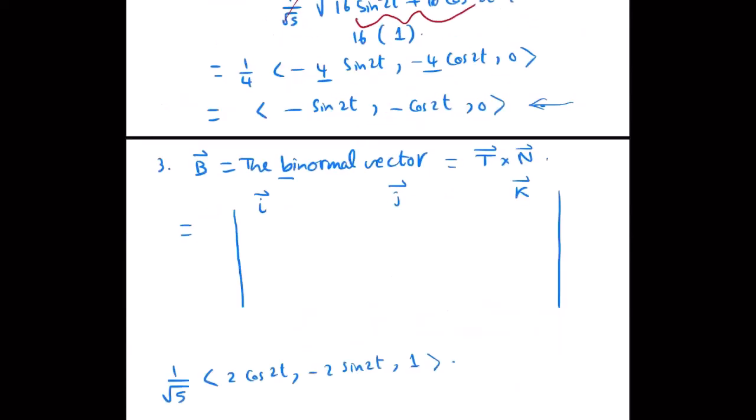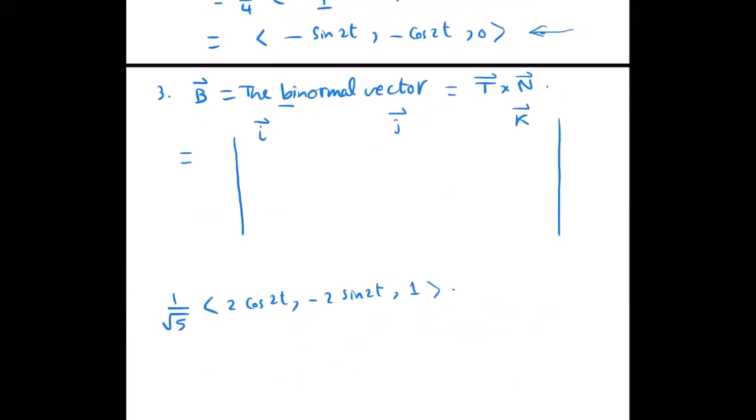N is there, here is N. So I'll copy these components of T first. 1 over root 5 times 2 cosine 2t.